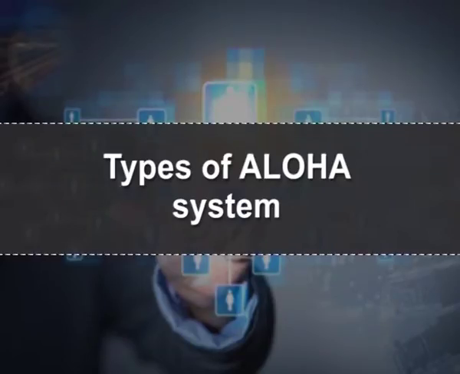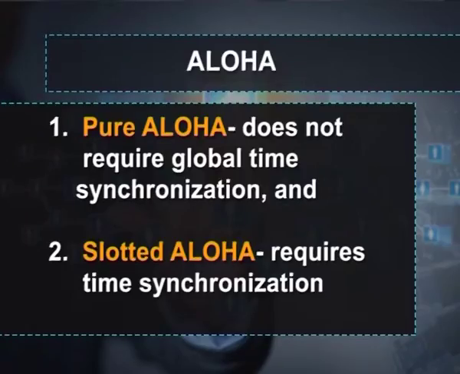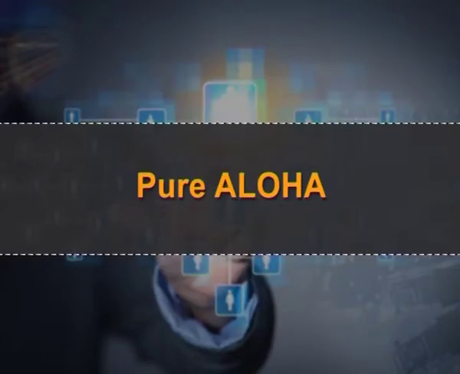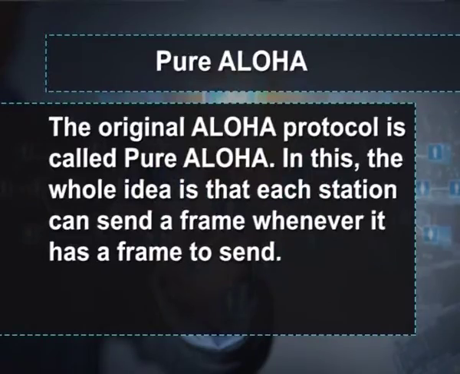The Aloha system is of two types: pure Aloha, which does not require global time synchronization, and slotted Aloha, which requires time synchronization. We will first discuss pure Aloha. The original Aloha protocol is called pure Aloha. In this, the whole idea is that each station can send a frame whenever it has a frame to send.